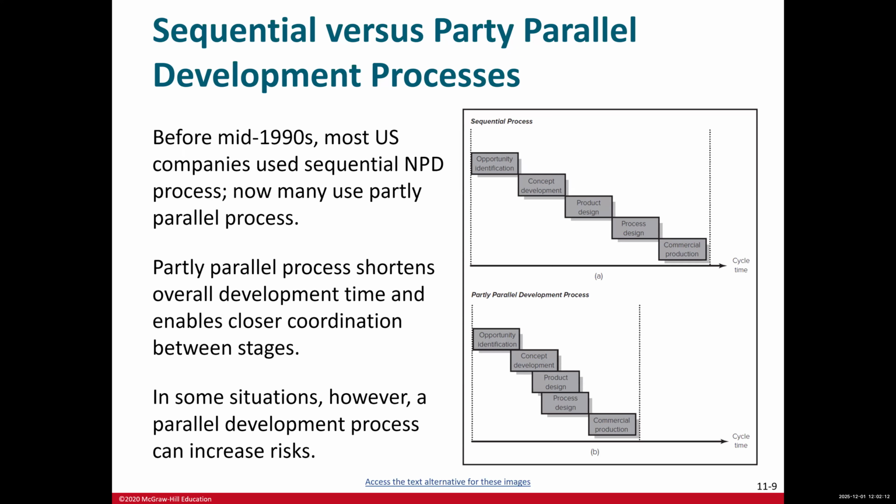While in the second, the bottom one, you can see we have some overlap. So there are key steps in the sequential NPD process. Here idea generation begins with brainstorming and idea generation, right?